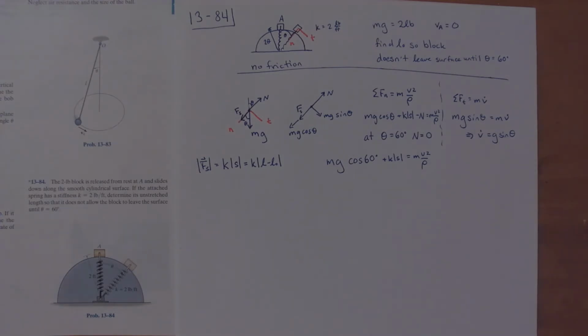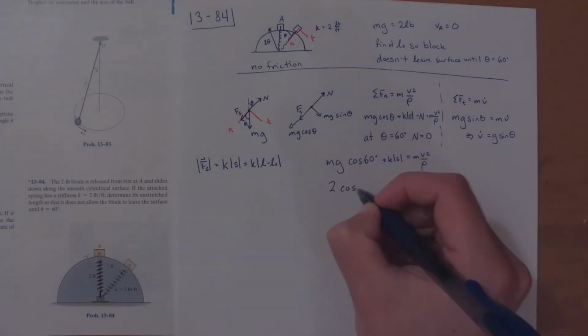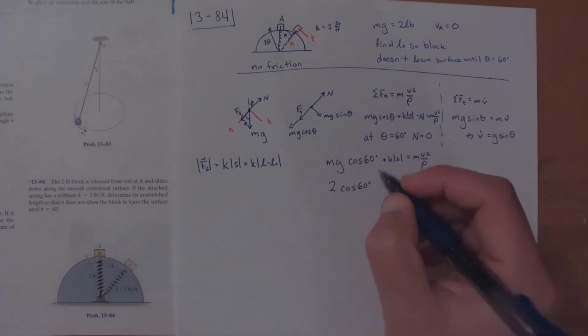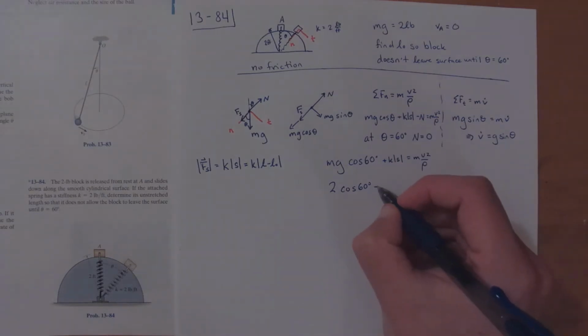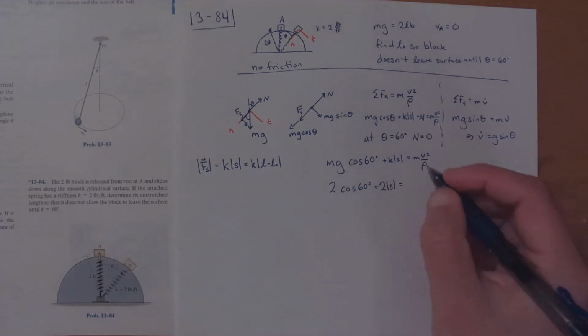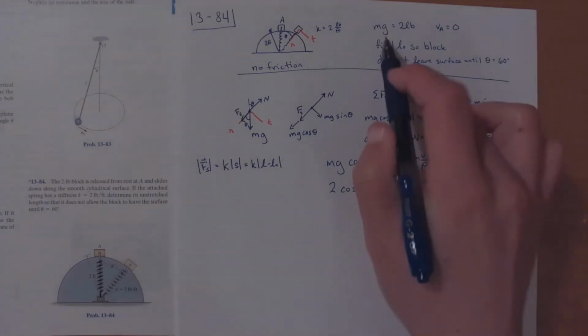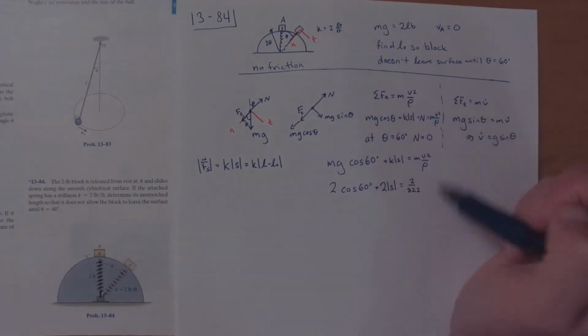Okay, now I know m times g is 2 pounds, so this is 2 times cosine of 60 degrees. I know K is 2 pounds per foot, so this is 2 times the absolute value of S is equal to m, which is 2 divided by 32.2, since m times g is equal to 2 pounds.